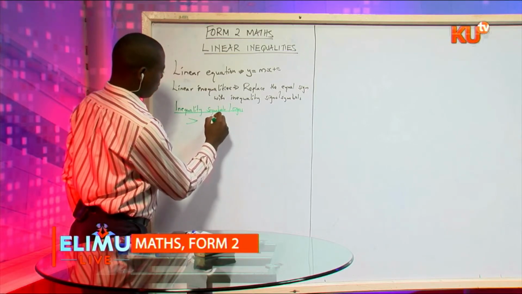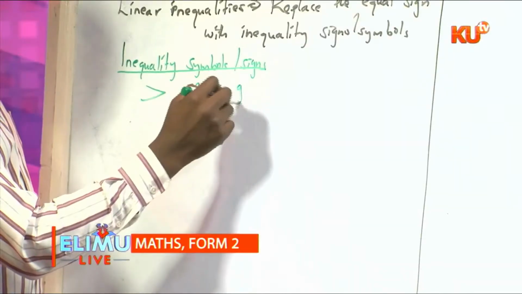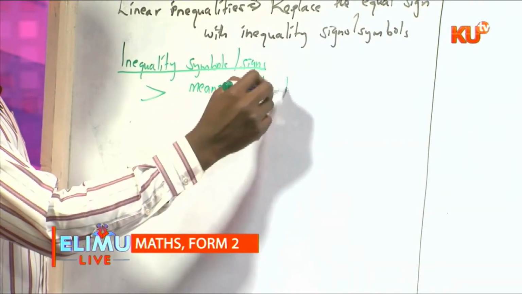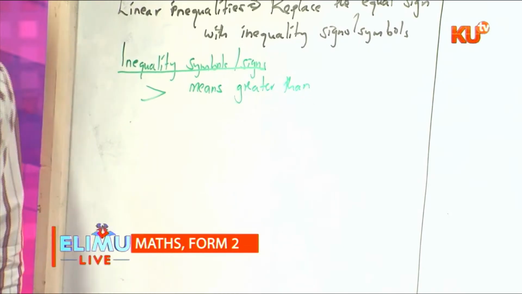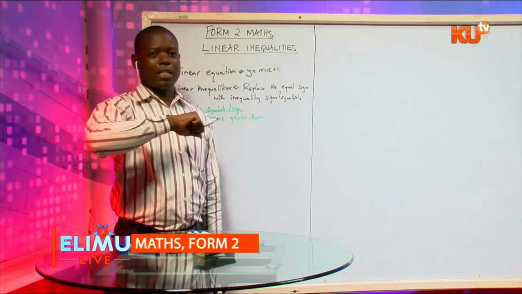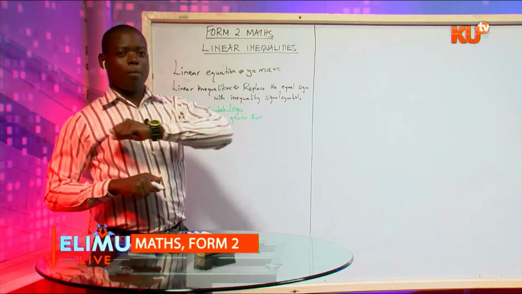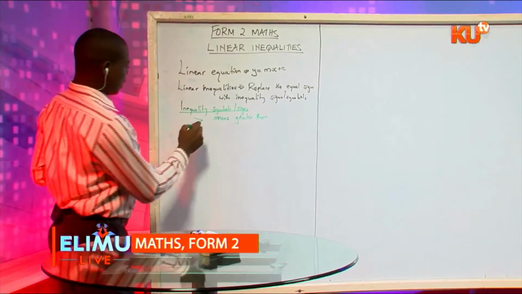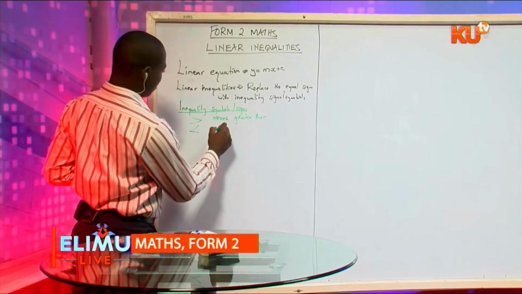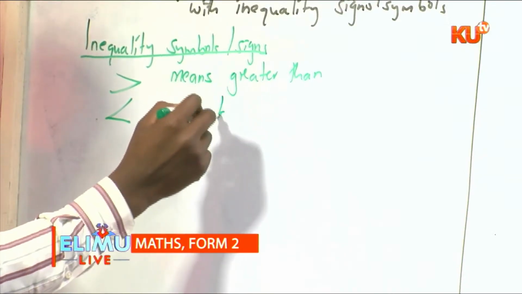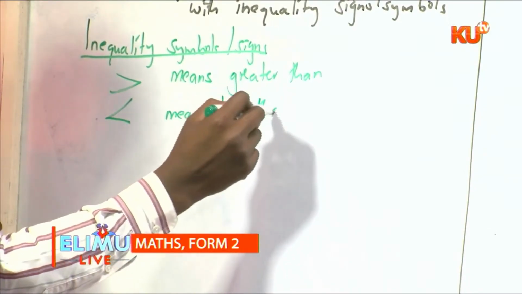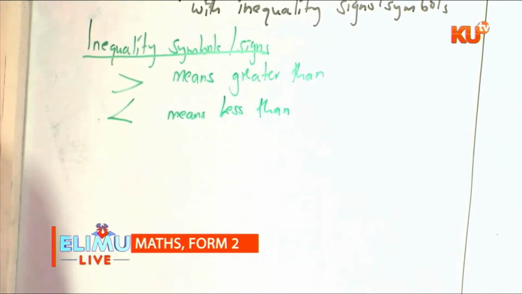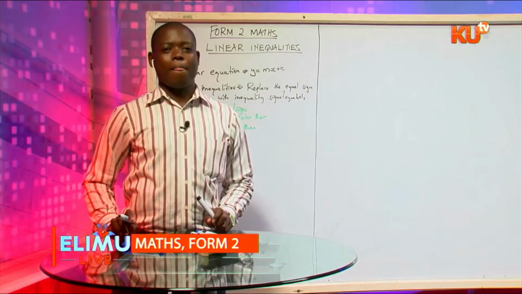It simply means greater than. And the opposite, facing to the left side, we refer to as less than. Those are the two main inequality signs.